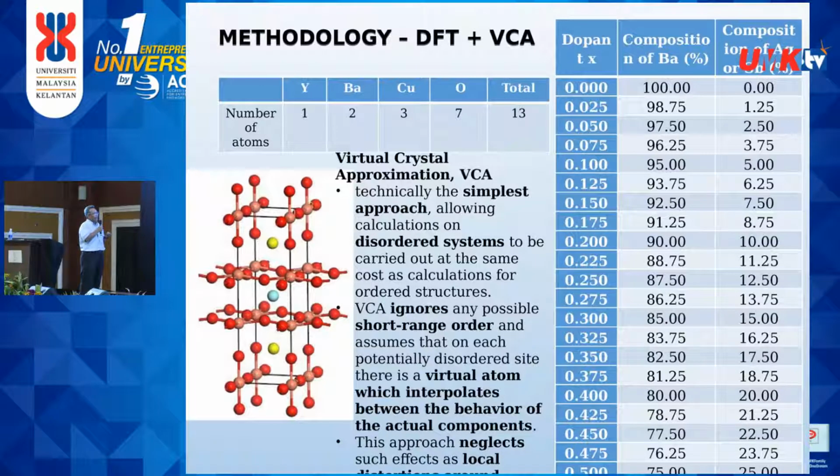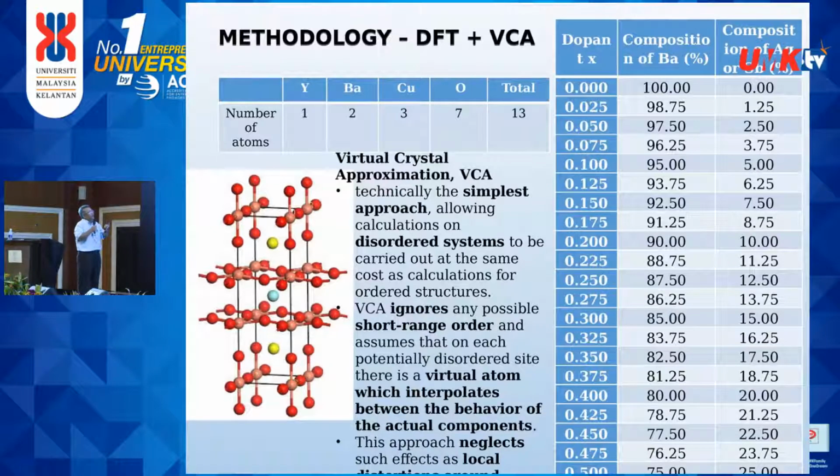So this approach neglects the effect of local distortion around atoms and cannot be expected to produce the finer details of the disordered structures very accurately. So we have to make some correction to that. So this is a composition that we can use with DFT plus VCA, which is not very accurate.